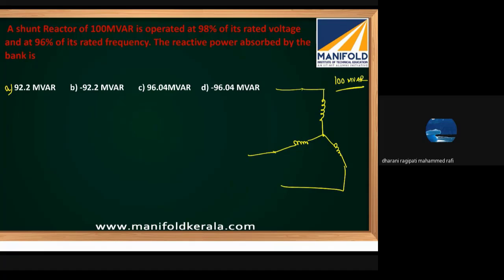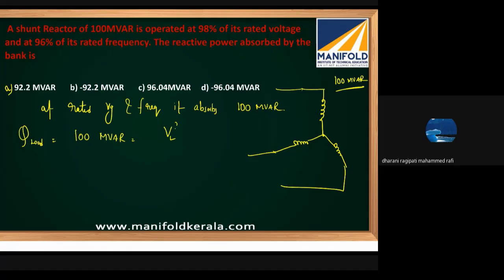So Q absorbed by this bank, that is the load, is 100 MVAR at rated voltage: VL square by omega L. I'm writing omega as 2 pi f L.